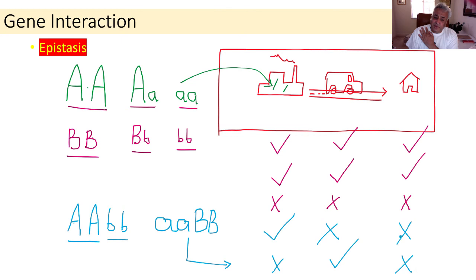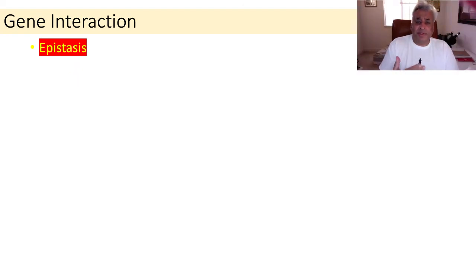So you get the same phenotype as this person over here, even though you have a completely different genotype. So one gene can mask the genotype of another. I think we need to show you an example, a genetic example, and then correlate it with what you knew before and what you will know now.